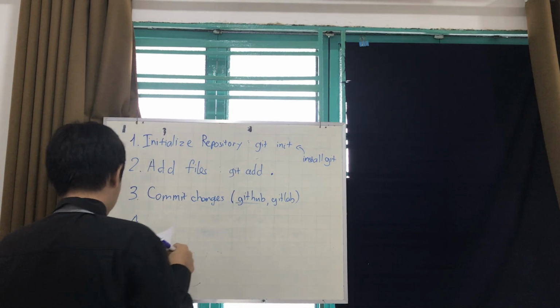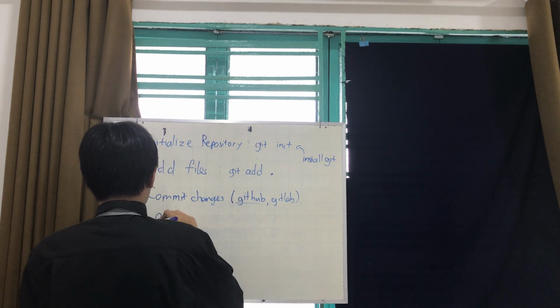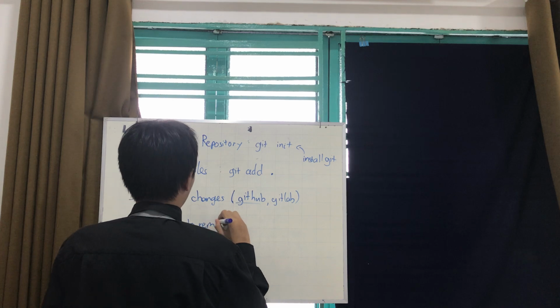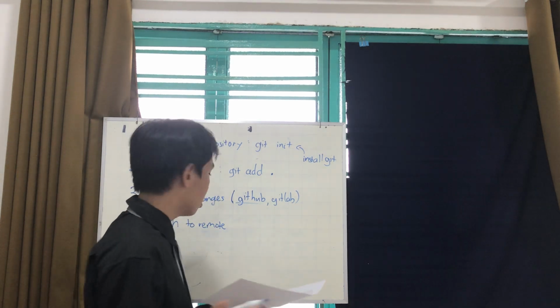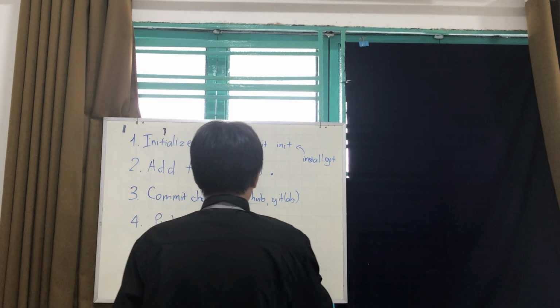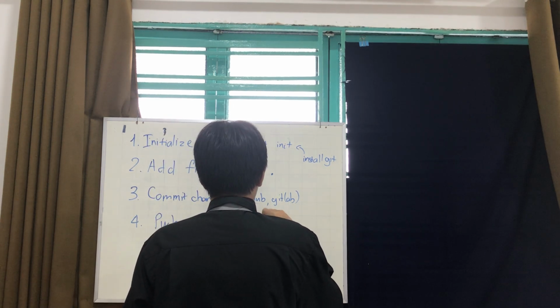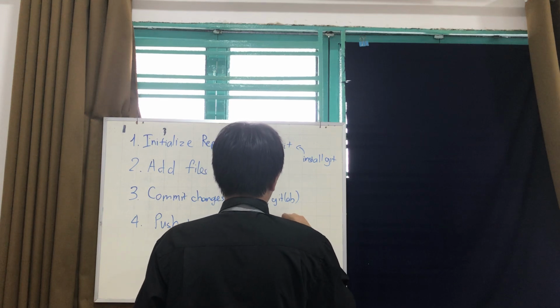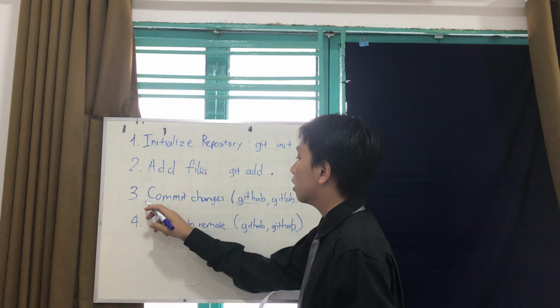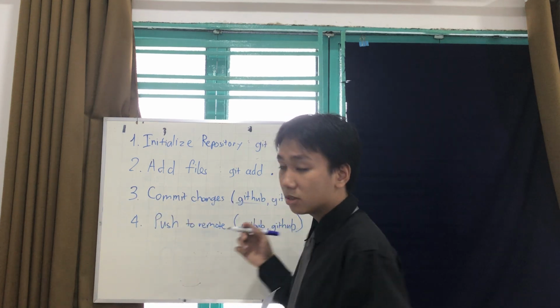The fourth step is push to remote. This is also optional. After you commit your changes, you can push, meaning you push it to the GitHub or GitLab repository. You may be mistaken here: is it that committing the changes will do it all?